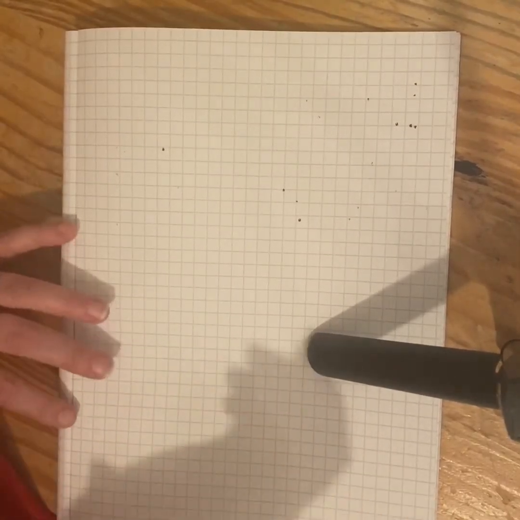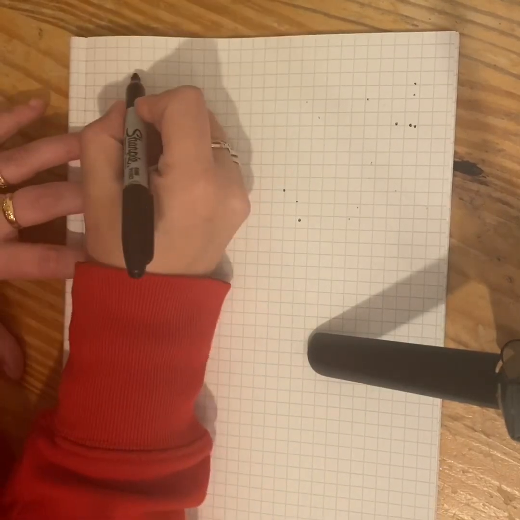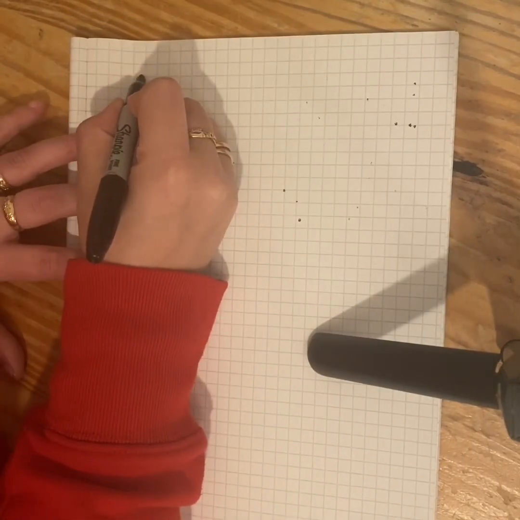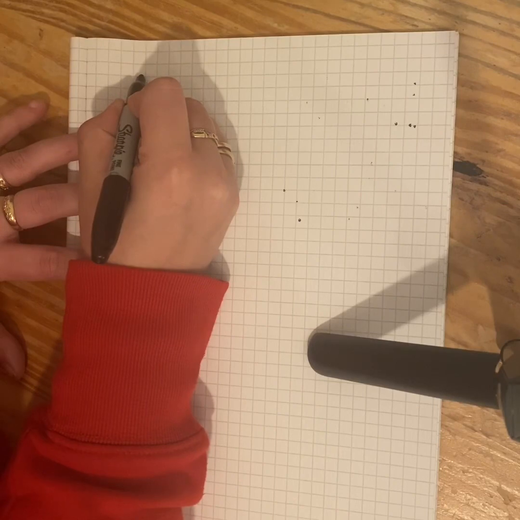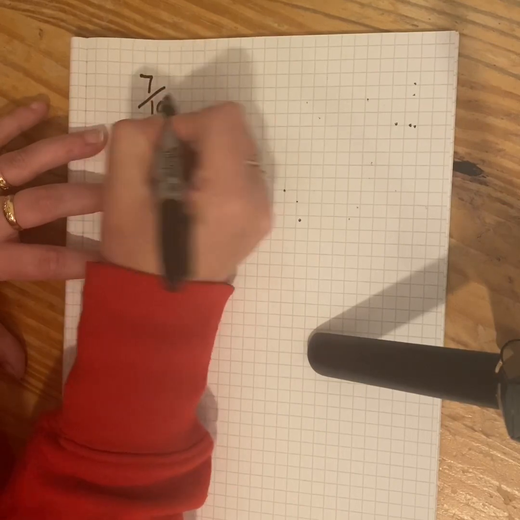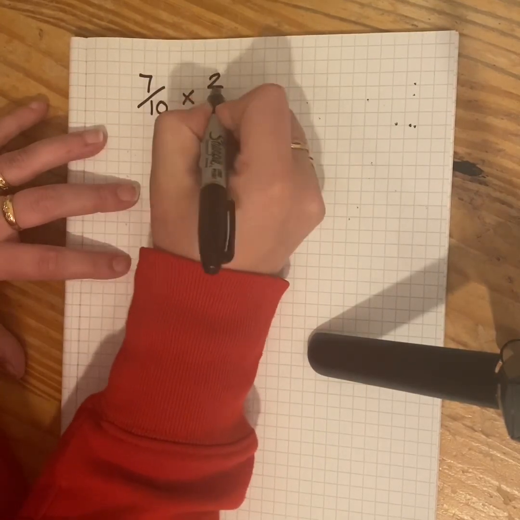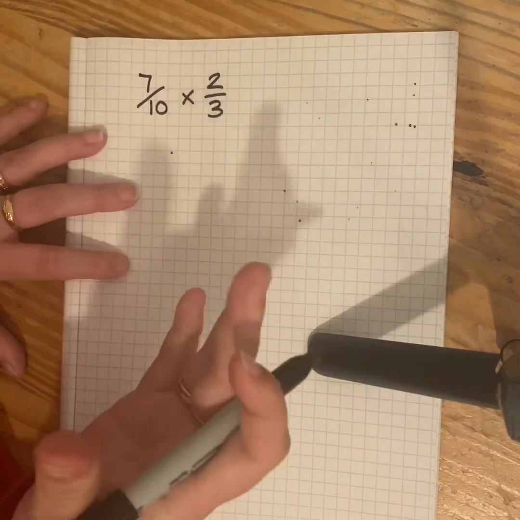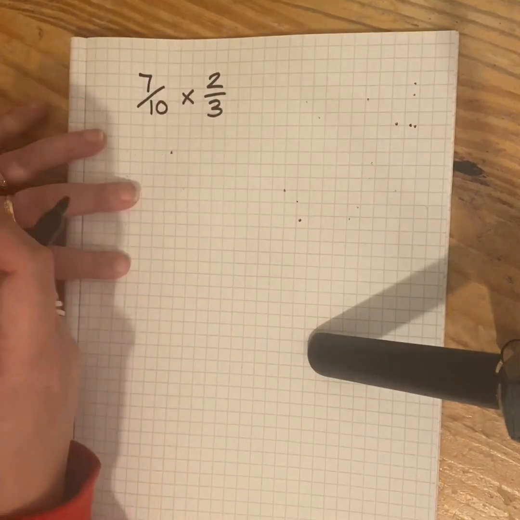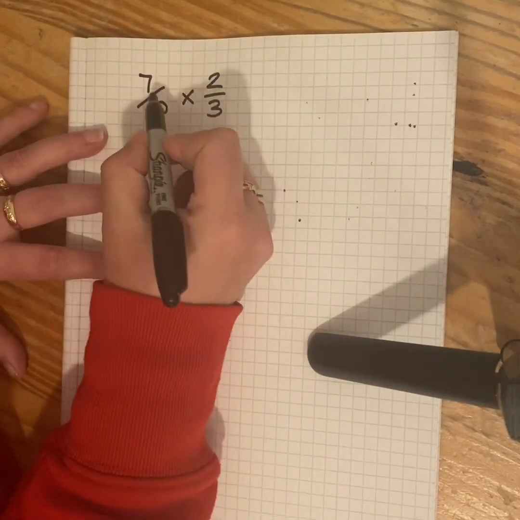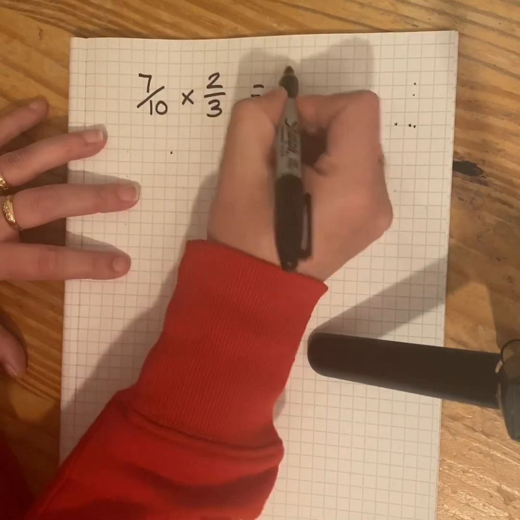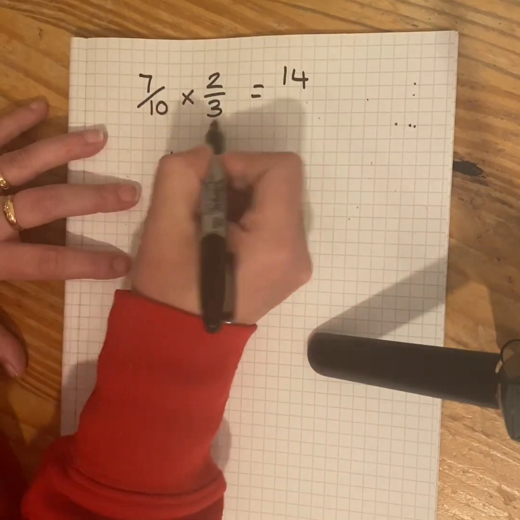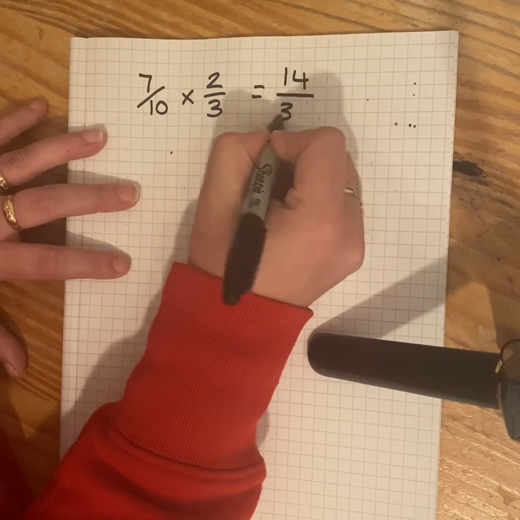Okay, so now we've multiplied fractions by a whole number, we can multiply fractions by fractions. So for example, we could have 7/10 multiplied by 2/3. Just like the last part of the video, multiply the top together to make 14, multiply the bottom together to make 30.